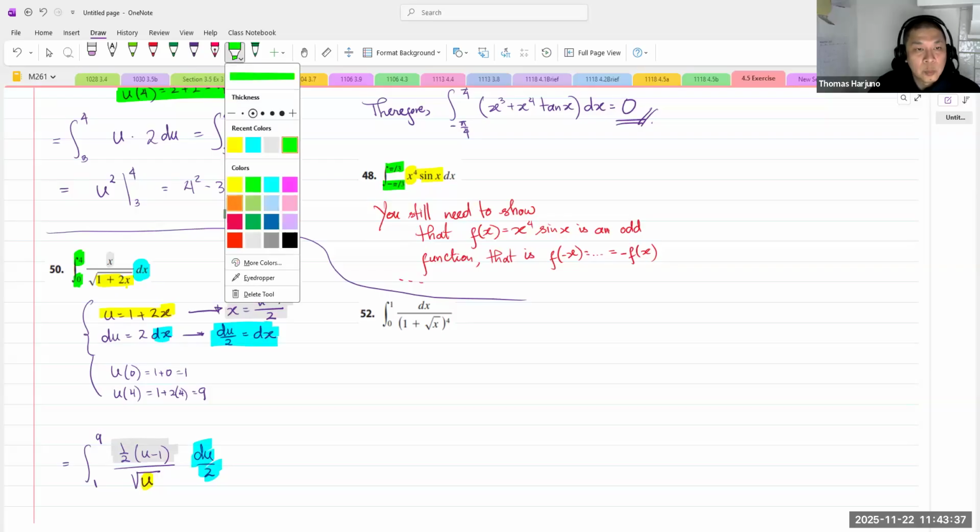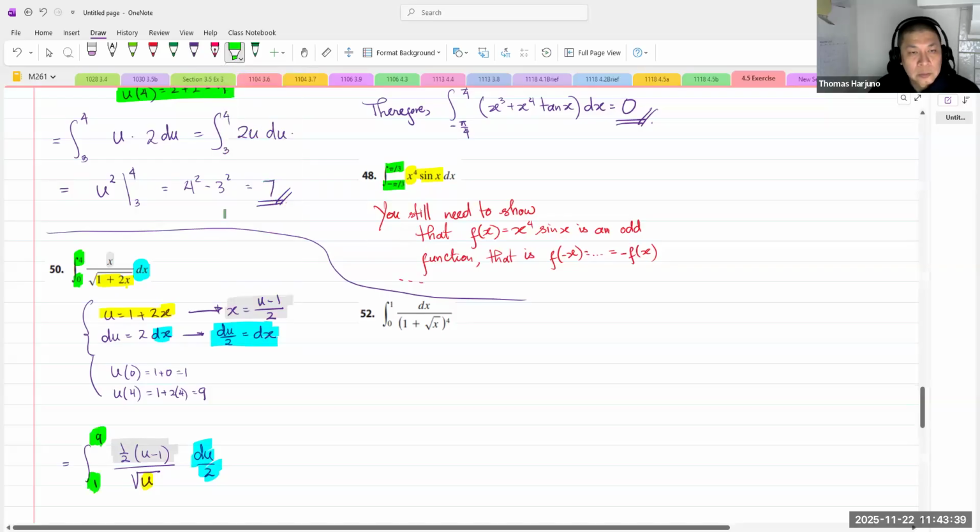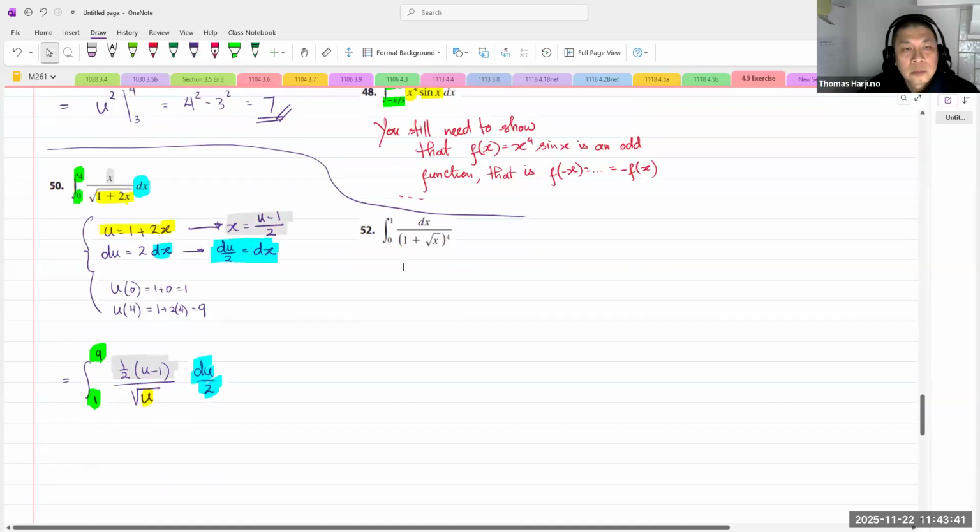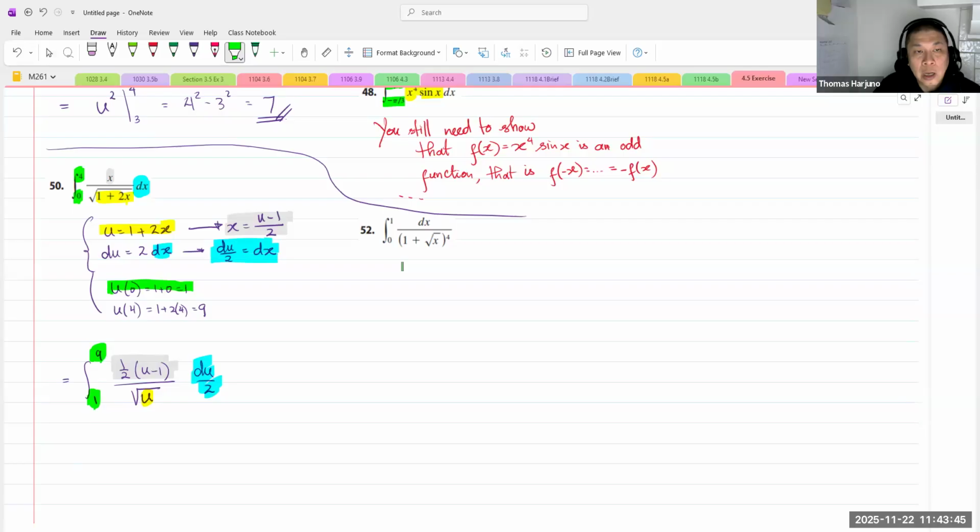This is the green part. I hope by doing so, I color code them, you don't get confused with the color, but you see that every part of the original integration is now accounted for. No missing component.